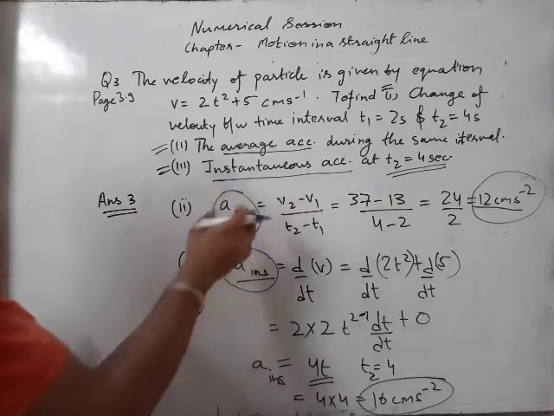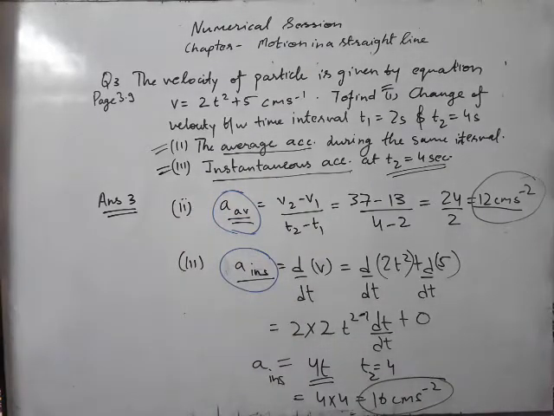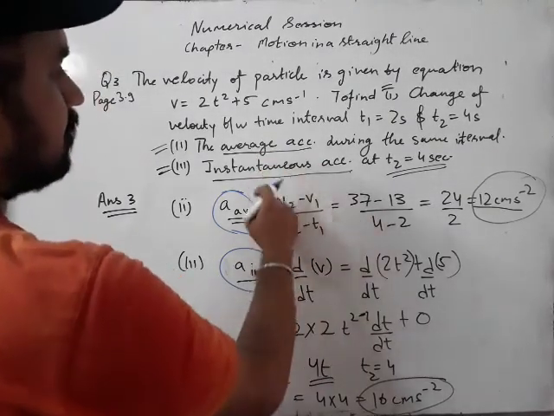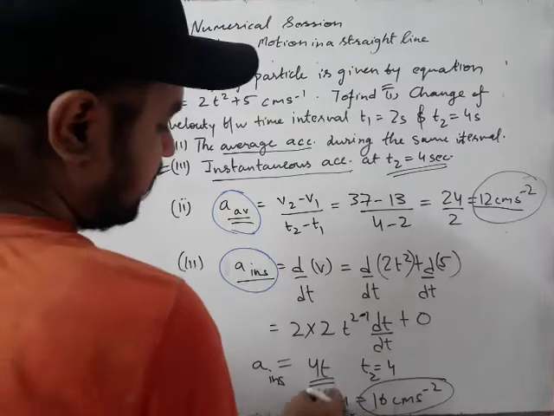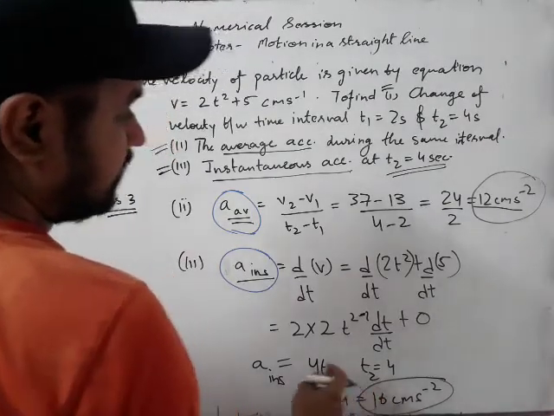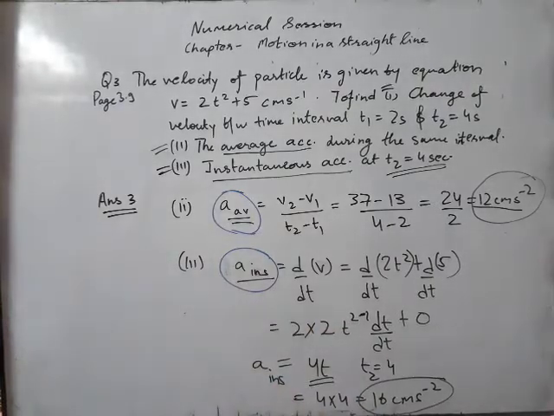Average means the overall acceleration, if it increases or decreases somewhere. If we have to find the instantaneous acceleration for t1, t1 is 2 seconds here, it will be 4 into 2, that is 8, and 16, that is at a different instant of time.